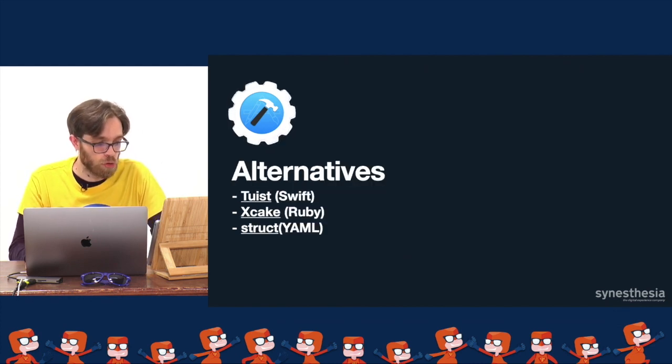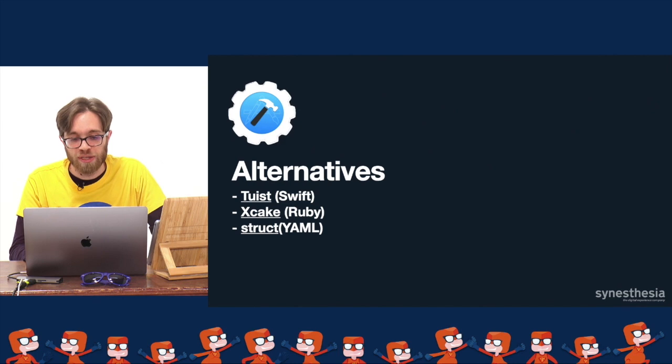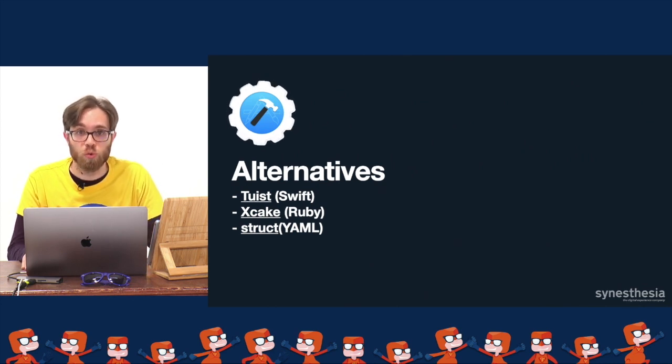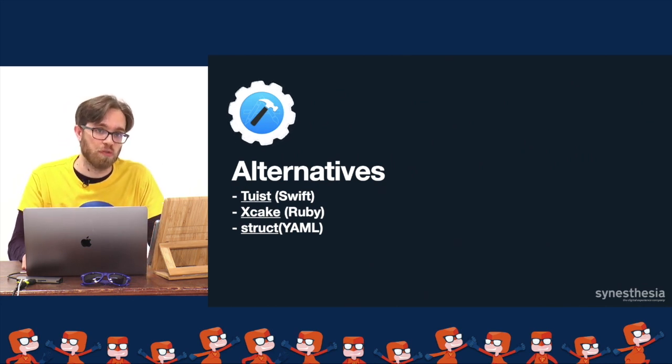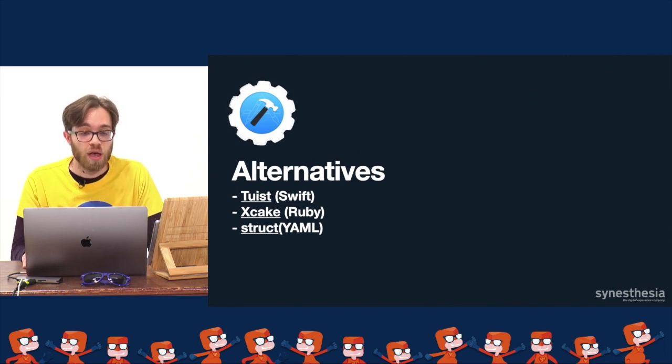Alternatives to this are Tuist, XcodeGen, and Struct. I don't know the last two very much because they are listed on the XcodeGen webpage as alternatives. I've tried Tuist, which is a great tool where you don't have the YAML file configuration, but you have a Swift file that you can code inside.